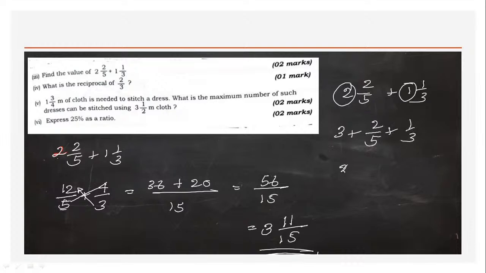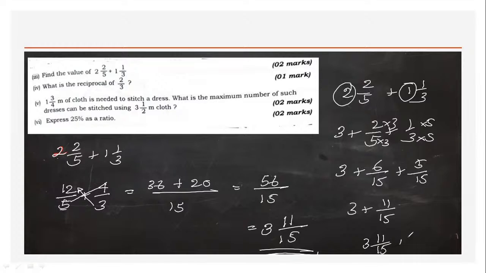Here also 3 plus, this is by 5, this is by 5, this is by 3, this is by 3. 6 over 15 plus 5 over 15, 3 plus 11 over 15, 3 and 11 over 15. This is the answer.